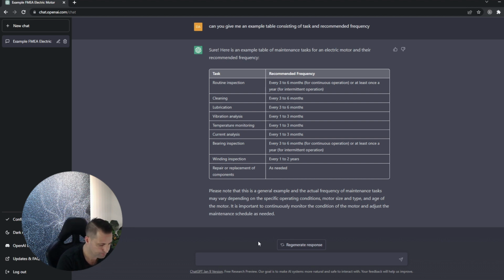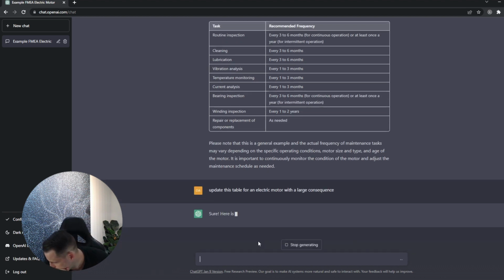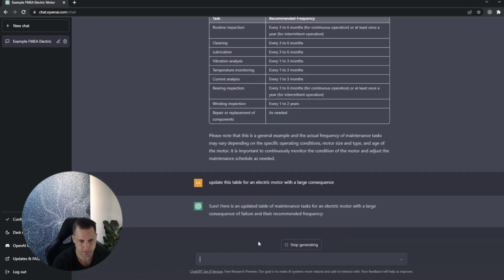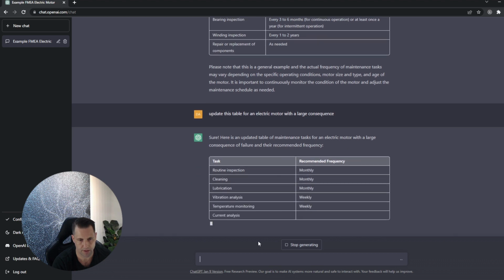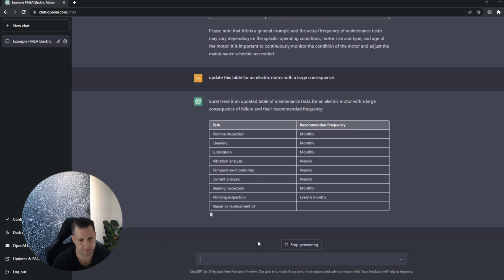What if I said update this table for an electric motor with high, let's say large consequence. Monthly, weekly. Okay.